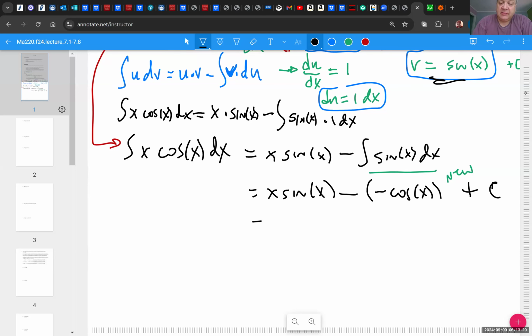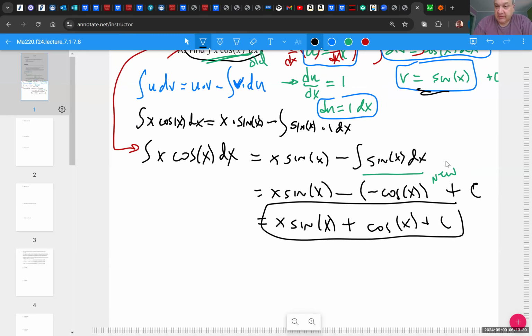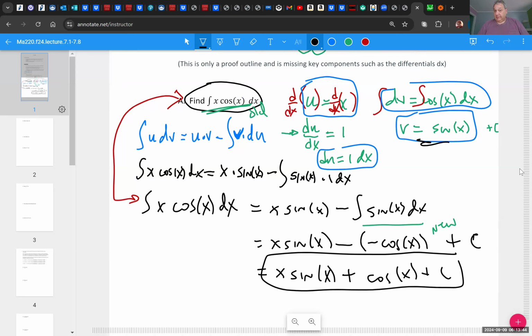And then I do ask you just to do the bare minimum of combining things together that are easily combined. So a negative, negative, that makes a plus. Cosine x plus c, and that is the antiderivative of our original problem, the x cosine x dx problem that we started with. And that's a demonstration of how integration by parts works.